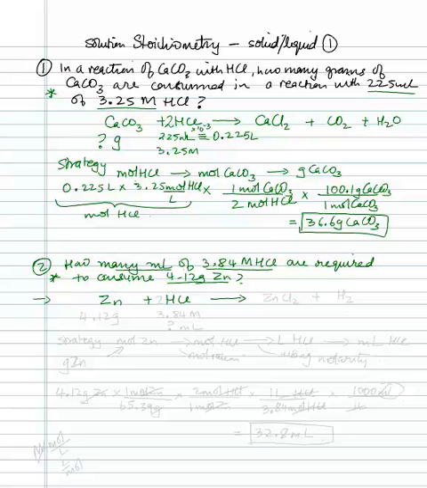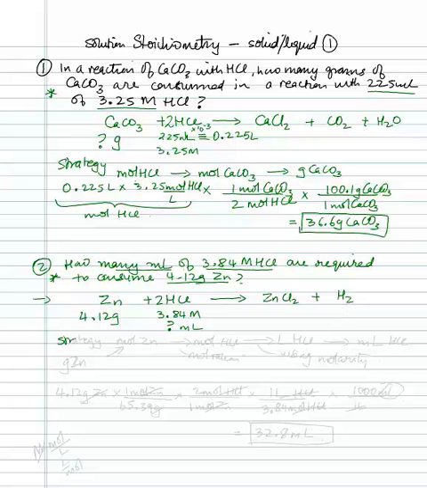This is a single displacement reaction, and so we get zinc chloride, and of course we also have hydrogen. We'll go ahead and balance the equation. We have 2 of chlorine, 2 of hydrogen, so we need 2 of HCl. Then fill in all the numbers. We have 4.12 grams of zinc, and we have a 3.84 molar solution of HCl, and we are being asked how many milliliters you need.